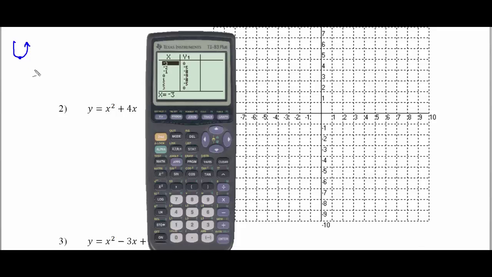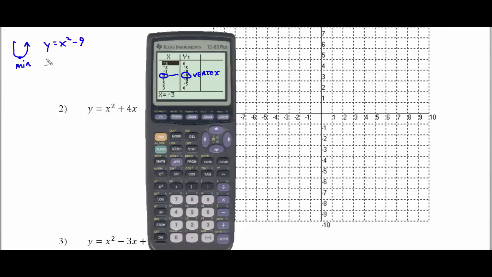And if we look for that minimum point, because the equation, y is equal to x squared minus 9, is going to have a minimum. And we can see that minimum right here on the calculator. And that minimum is going to be that y value and that x value, this is my vertex.